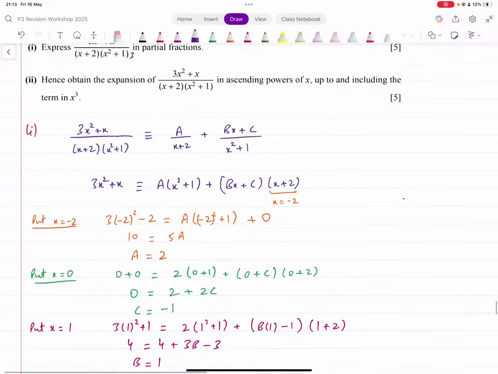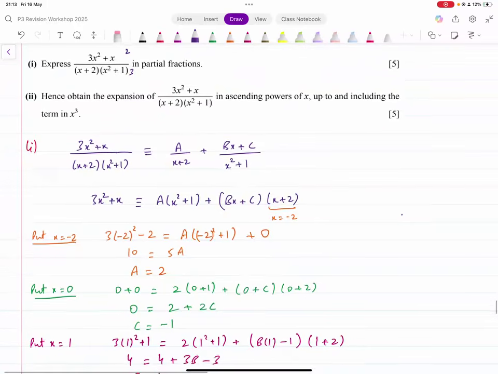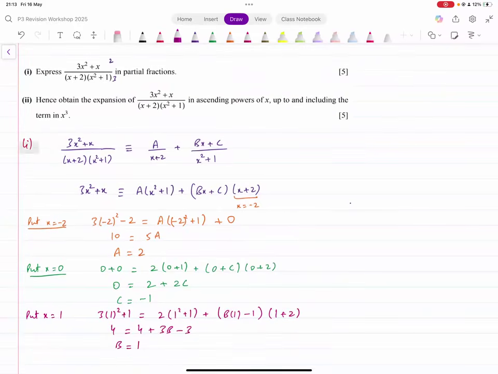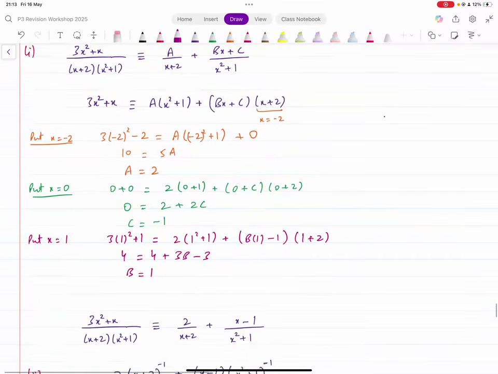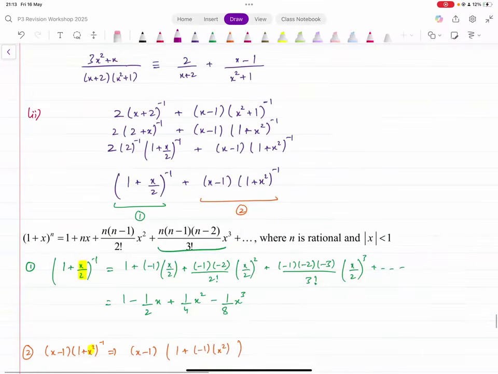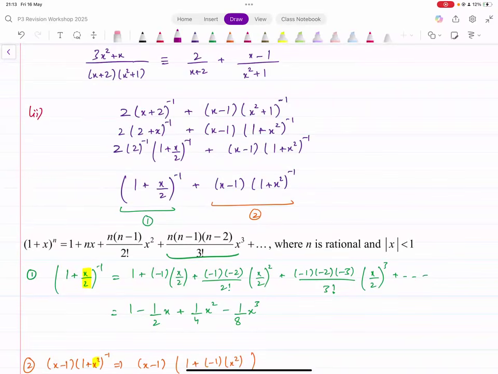So in the first part, we find the partial fractions. Okay, and then we have to do the expansion here. So we take x plus 2 to the numerator. First of all, it becomes x plus 2 whole power minus 1. And we take this to the numerator, and that becomes x squared plus 1 whole power minus 1, right?